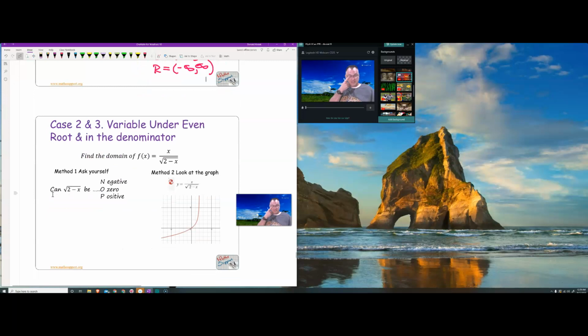All right, now this is the double whammy. Okay, you've got a variable in the denominator, and you've got a variable that is under a radical. So what we do is we combine those two things. When a number is under an even root, that expression, this 2 minus x, has to be greater than or equal to 0.